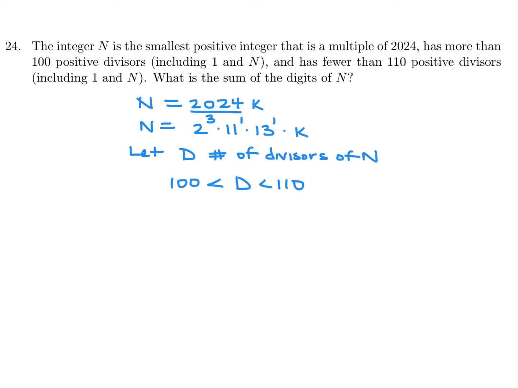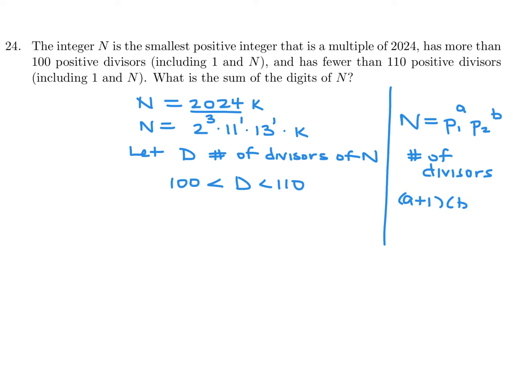Okay? Now, you guys remember a rule, right? Let's say you have an integer and you have it broken down into its prime factors. So first prime number to some power, second prime number to some power. The number of divisors, this is a cool little formula, some of you know it, is a plus 1 times b plus 1.